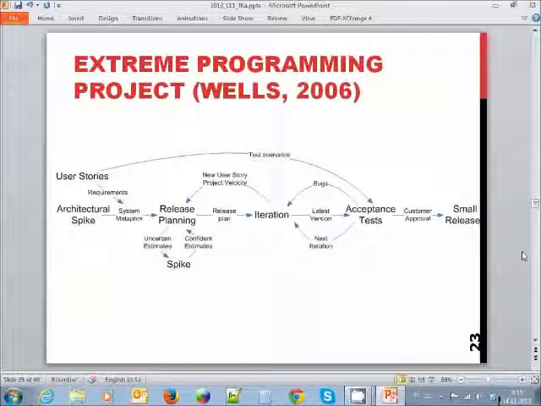For example, the spike here means that it's really more or less just this fast design to give some form or structure or game plan for the developers. The user stories are used to gather requirements.